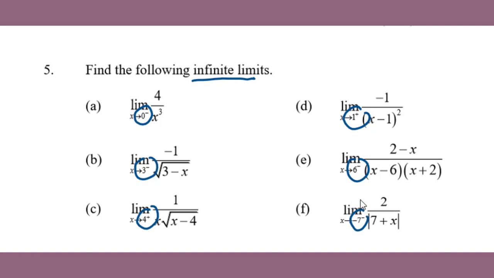All one-sided limits, so substitute and get an infinity sign. Now we're going to check whether it tends to negative infinity or positive infinity. First thing for these questions, you have to substitute directly, then check. We're going to discuss number 5.